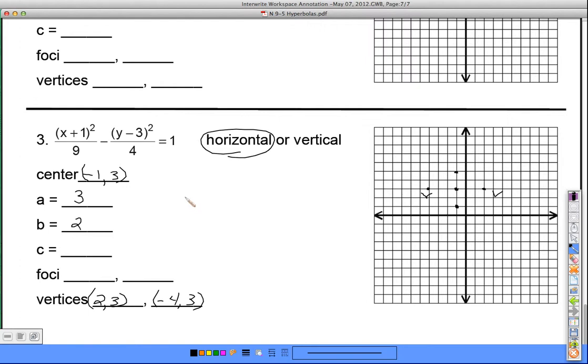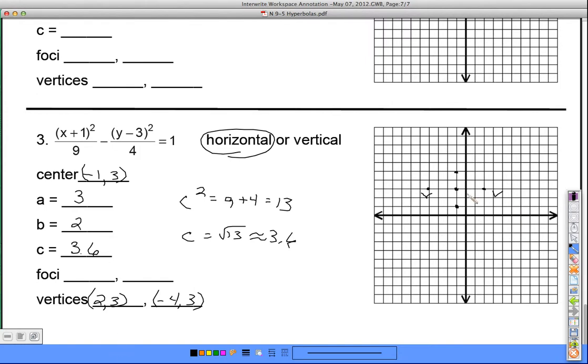c² is equal to 9 plus 4, which is 13. So c will be the square root of 13, which is about 3.6. So 3.6, okay, we have the focus.